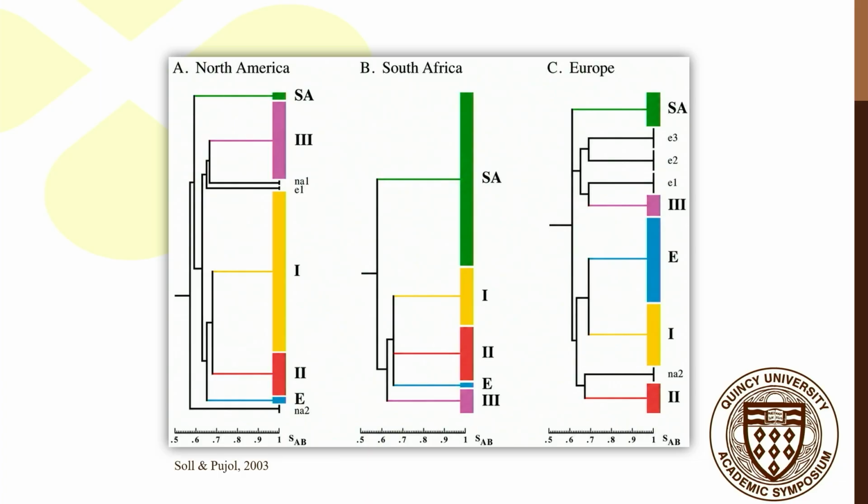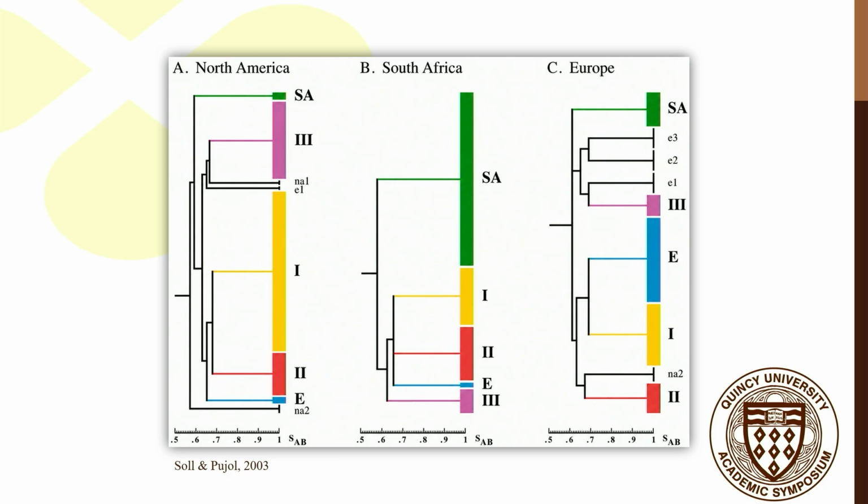A clade is essentially a family within a species, meaning they all originated from a common ancestor. Clades 1, 2, and 3 are more prevalent in North America, the South African clade is more prevalent in South Africa, and the European clade is more prevalent in Europe.